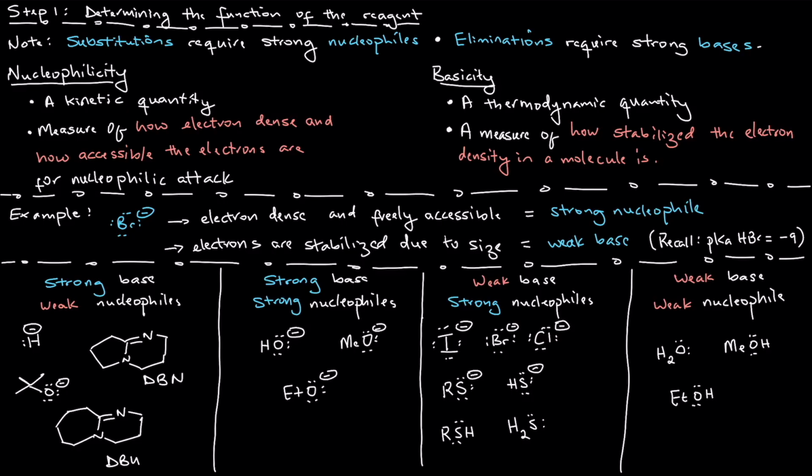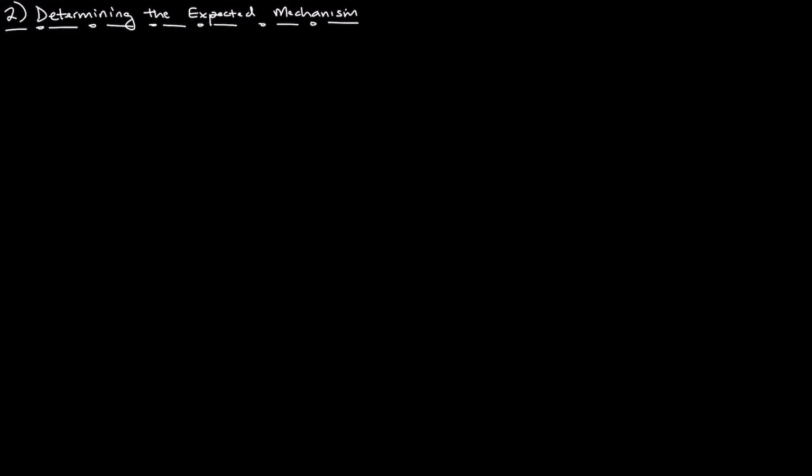Okay, so it's important that you're able to get a good grasp of the nature of your reagents and figure out if they're strong or weak bases or nucleophiles. But once you do that, then we can start to determine the expected mechanism of your reactions. So in order to determine the expected mechanism, the first thing we have to do is analyze the substrate that we're dealing with.